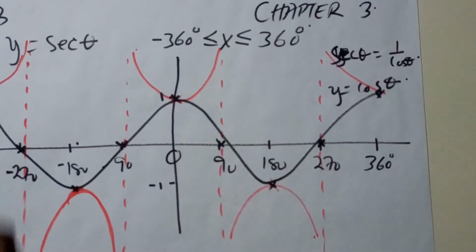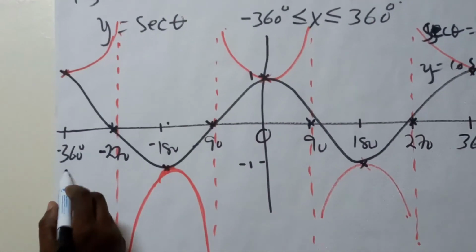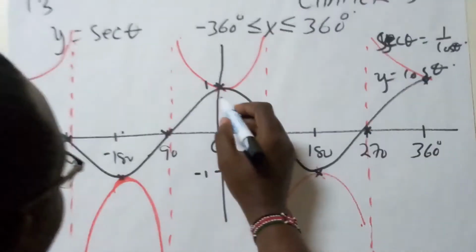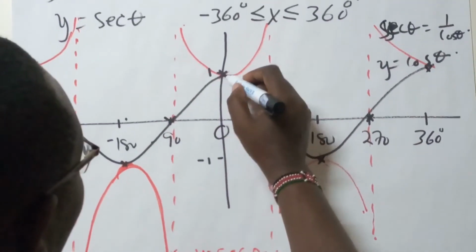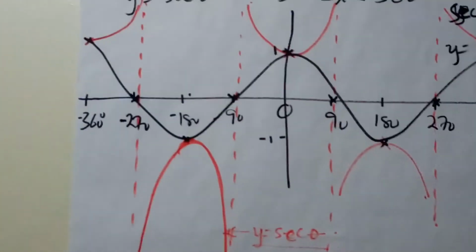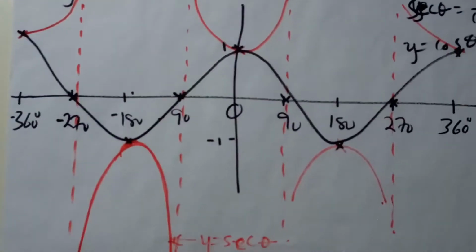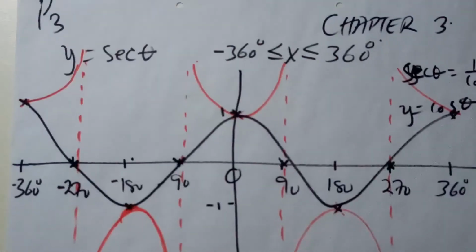So you started from 1 rising up at negative 360, and you start repeating the same at 0, positive 1 rising up. So it has a period of 360 degrees or 2 pi, meaning that it repeats itself after every 360 degrees.